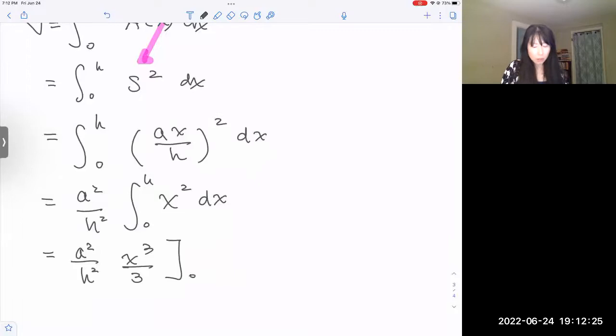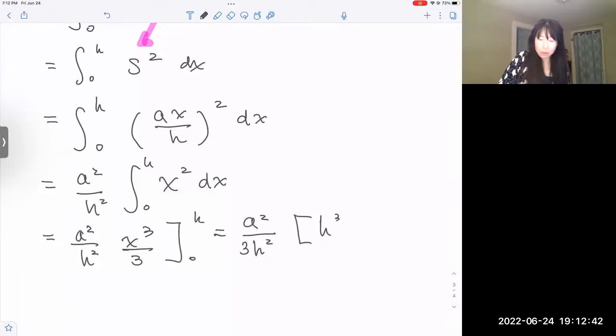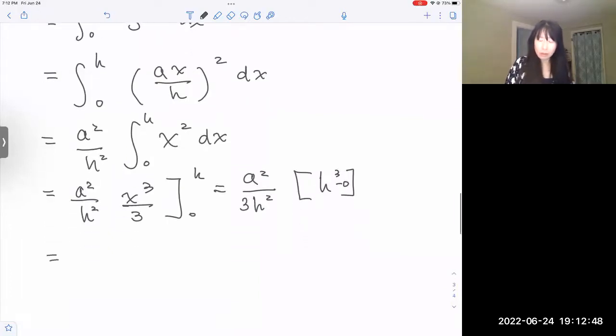From 0 to h. Okay, let us just use this space. All right, so we have a squared over h squared as a constant. And let us substitute h cubed, and there is 0. So if you want to write the 0, that's fine. Okay, then what do you get?